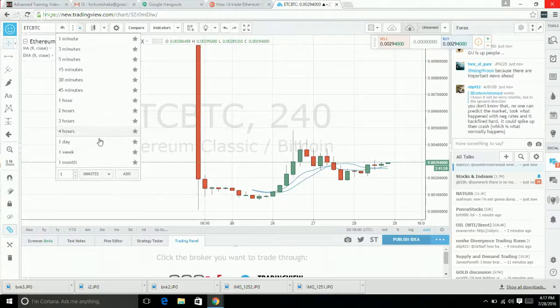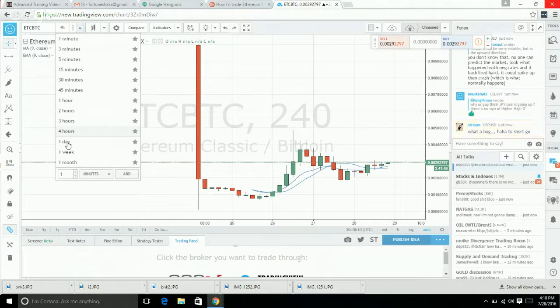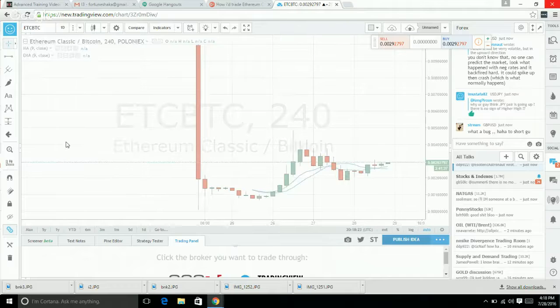But when I'm doing forex, I use the day chart to mark my support and resistance levels because they're much stronger. The support and resistance levels on a day chart are way stronger than on a 30-minute chart or something really low. So let's look at the 1 day chart real quick for this.